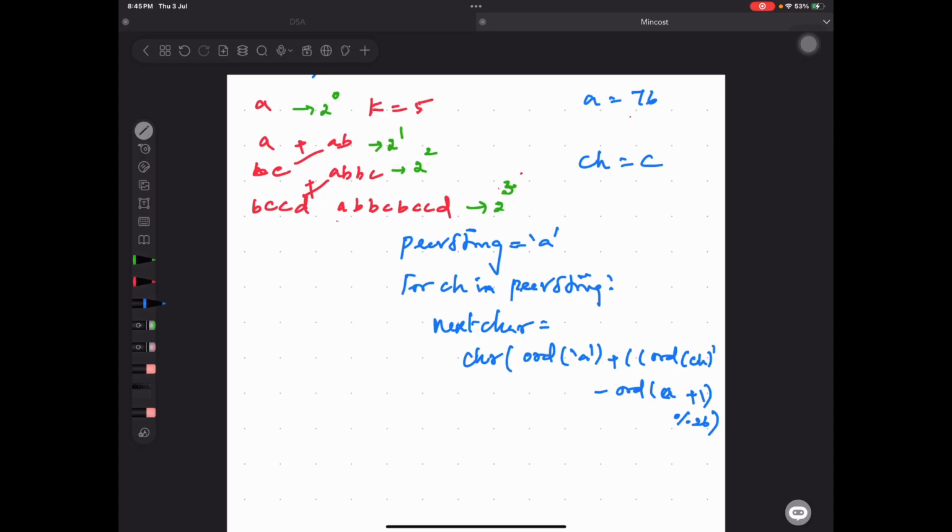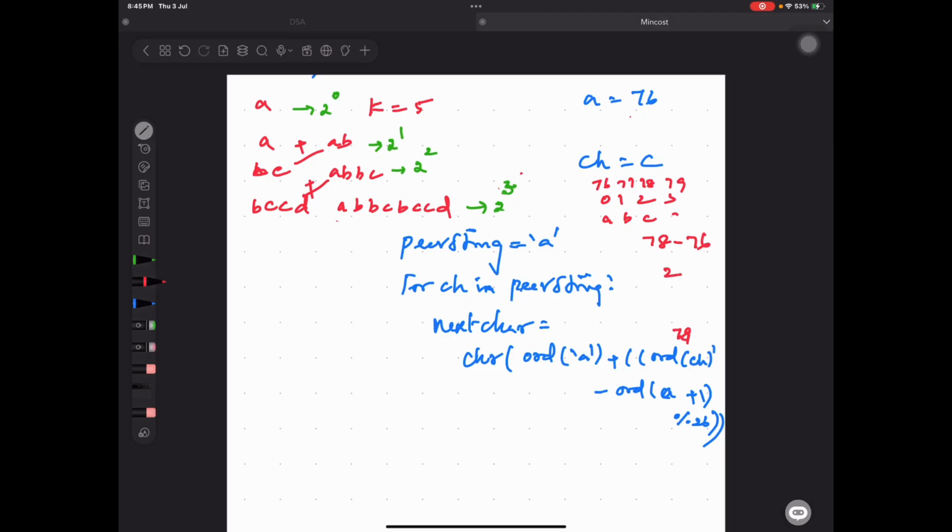I'll explain how this all works. So if we have taken "c", then the ord of "c" will be 78. Subtracting 76 gives the index: a is 76, b is 77, c is 78, so 78 minus 76 gives you 2.